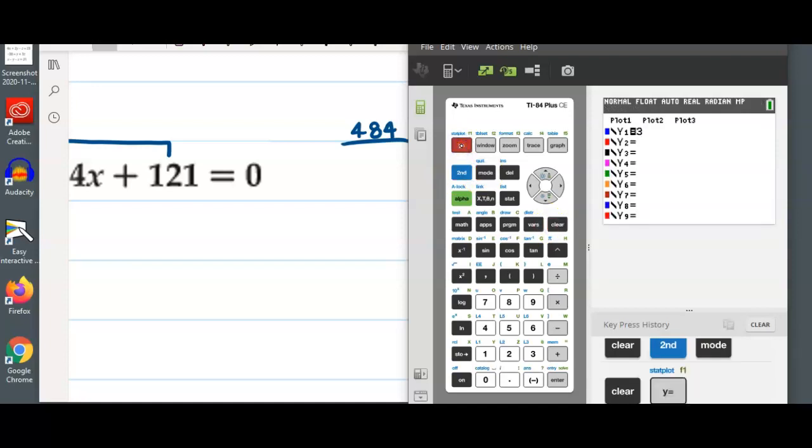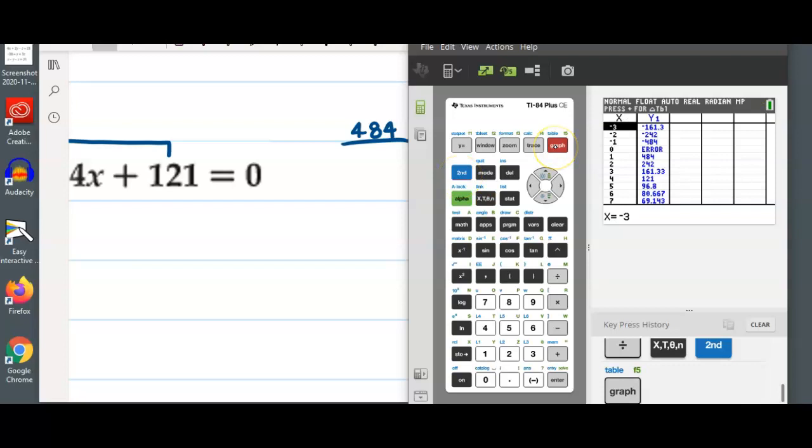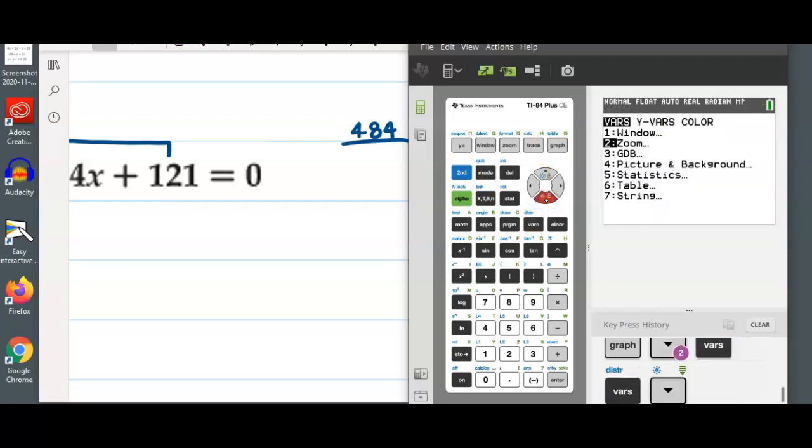In y equals, we're going to type 484 divided by x. Then, I don't really care what the graph looks like. I'm going to press second table, and you'll see all the possibilities listed out.